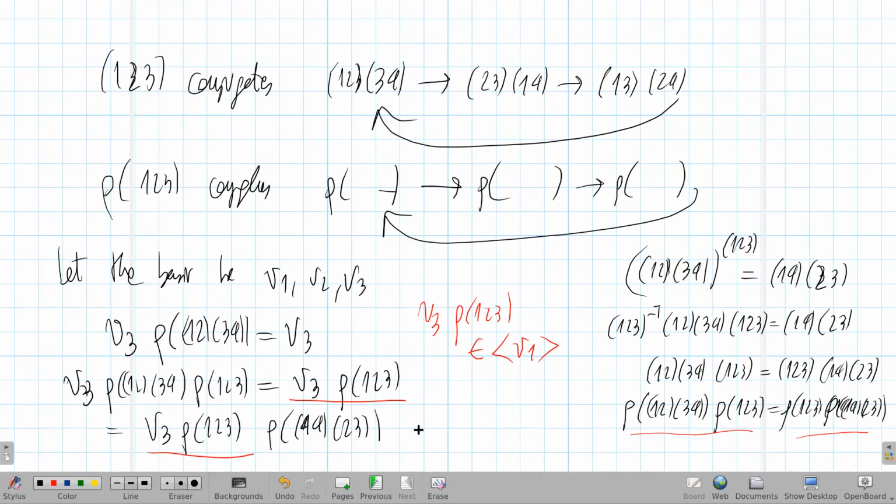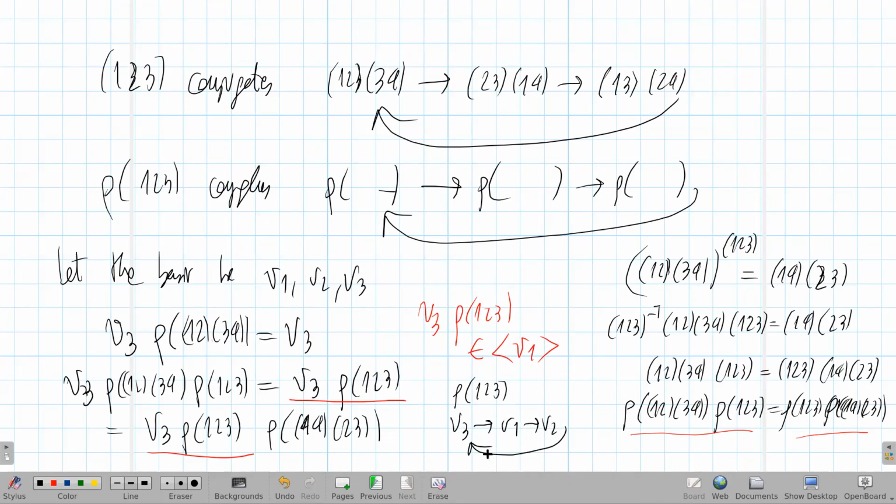So by normalizing as we did earlier in the case of S3, by changing the basis, you will see that V3 goes to V1, goes to V2, and goes to V3.